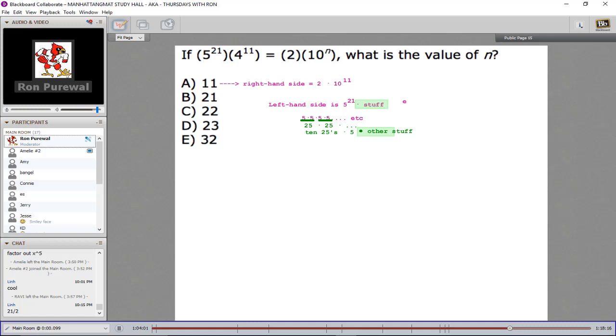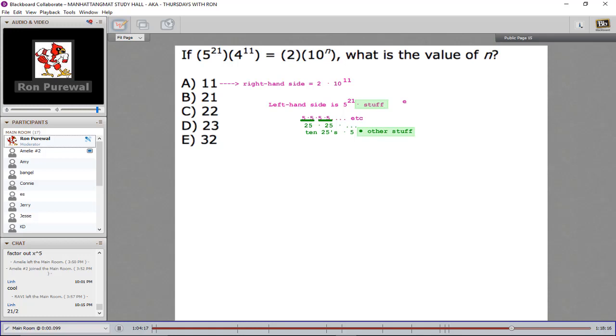If you multiply 10 25s together, guys, this is only 11 10s. This is going to be so much bigger than that right-hand side, not to mention you haven't even accounted for the 4 to the 11th yet.